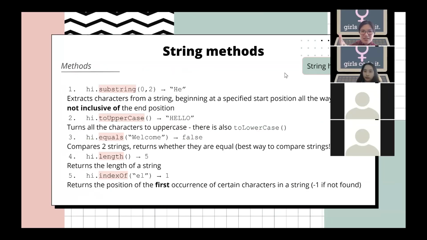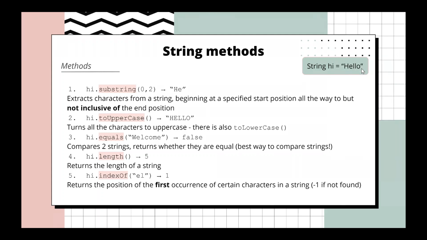And then these are just a list of different string methods that you can use. The first one is getting a substring. If we have this string hi equals hello, making a substring would be getting one part of that string.